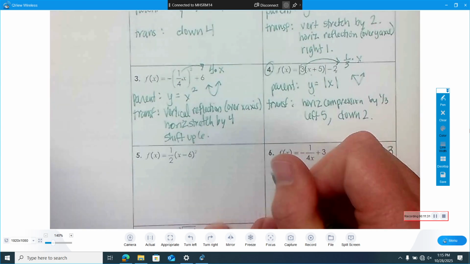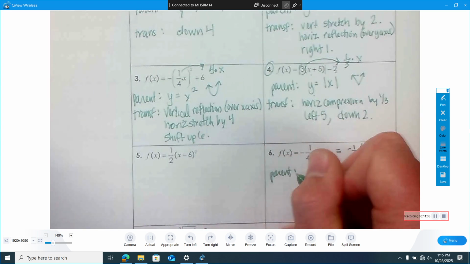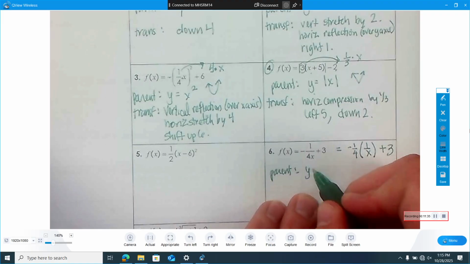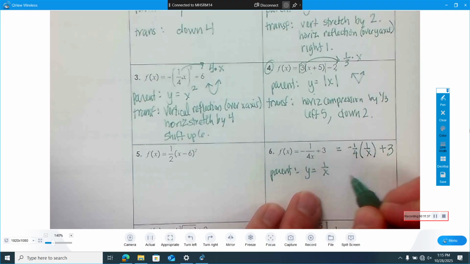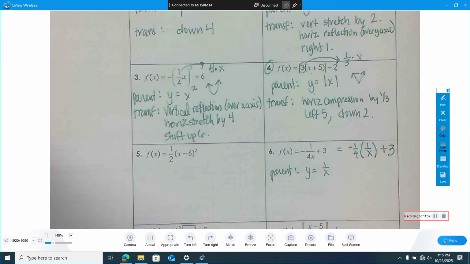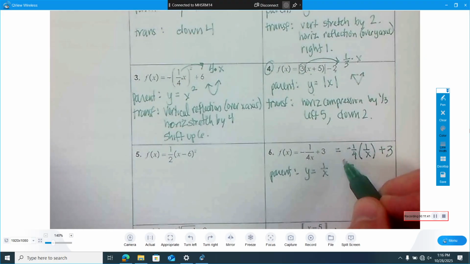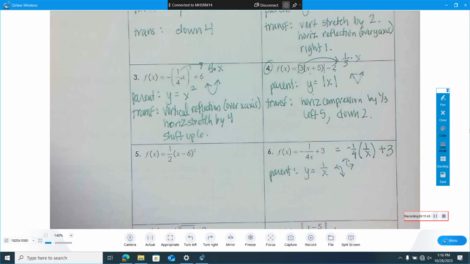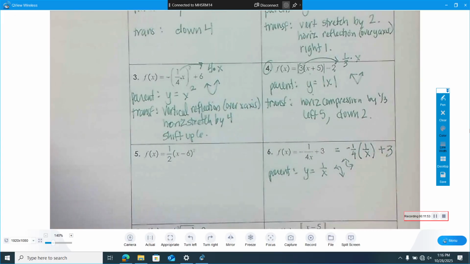What parent function is this? Reciprocal function. Very, very good. Y equals 1/x. That's our reciprocal function. That's a crazy graph. That's the one that sort of looks like inverted L's. It's like gang signs. That's how I used to flash math signs, right? Like this. Okay. Anyway, so there's a little inverted L shapes like that.